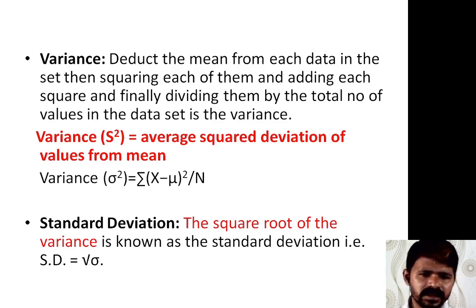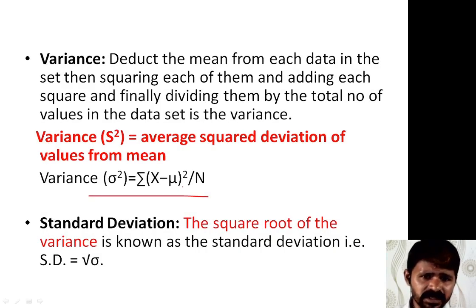Variance is represented by sigma square or a capital S square. It is the average squared deviation of values from the mean. It is represented as sigma square equals the sum of (x minus mu) whole square, divided by n.